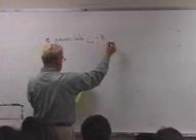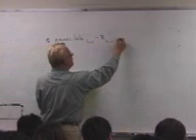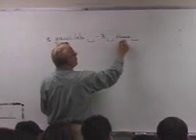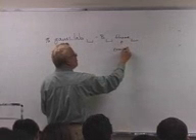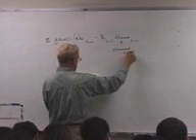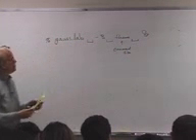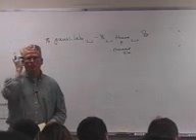Then negative b, the file name. So this is your command file. And then an ampersand, so that it runs in the background. Okay. There's other ways you can do this if you prefer.